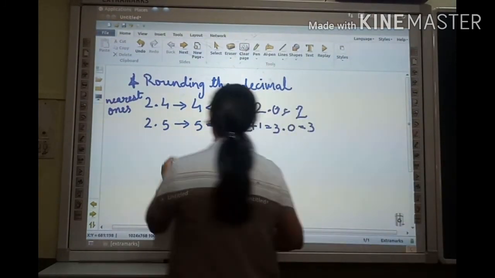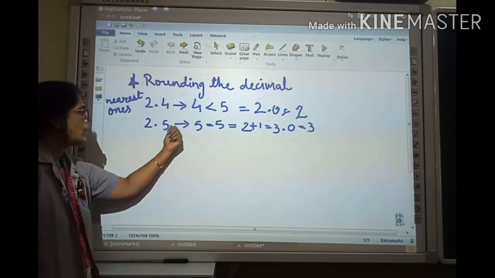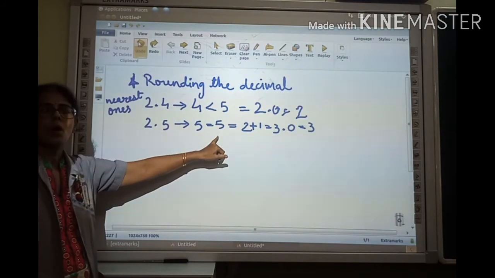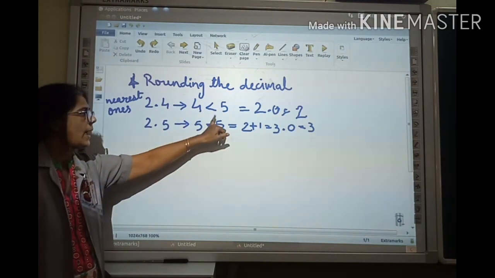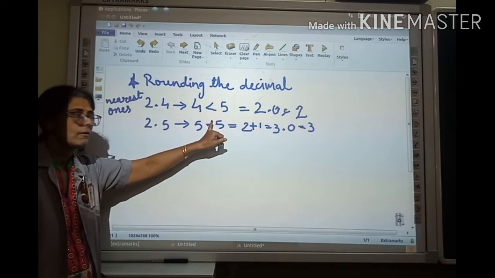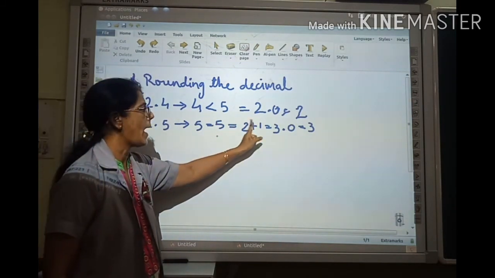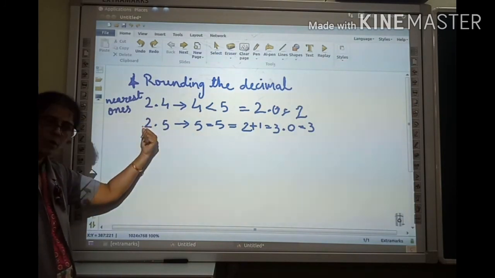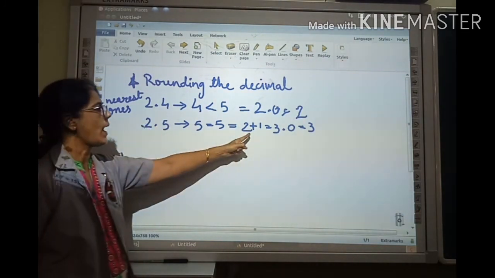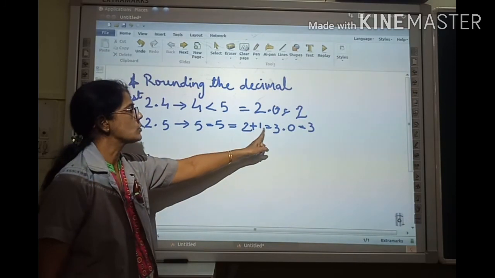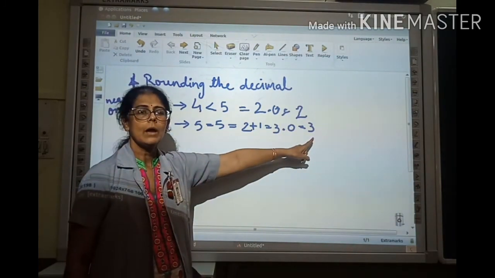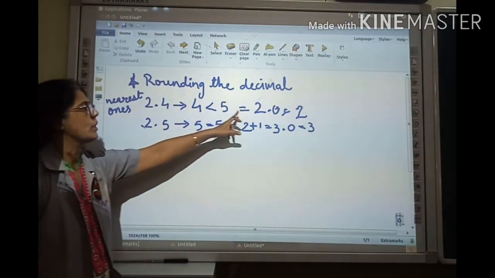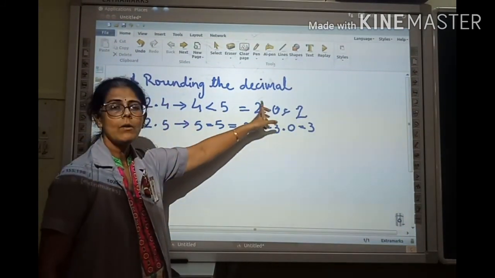See, once again I will explain here. The number should be equal to or greater than 5. Then only we have to add 1 to the number just before it. Our number just before is 2 here, right? So we have added 1 to the 2, 2 plus 1, 3. So our rounded number is 3. Okay? Here 4 is less, so here we don't have to add 1.